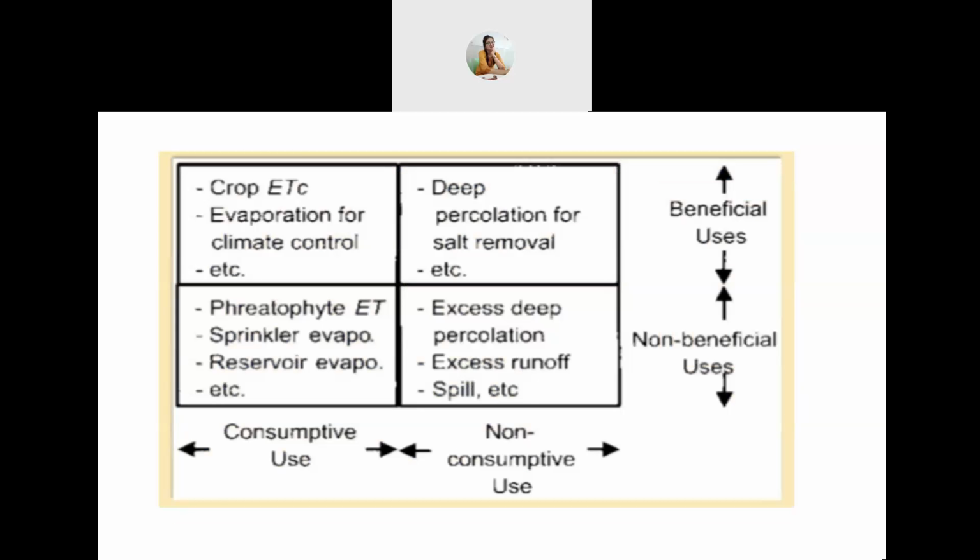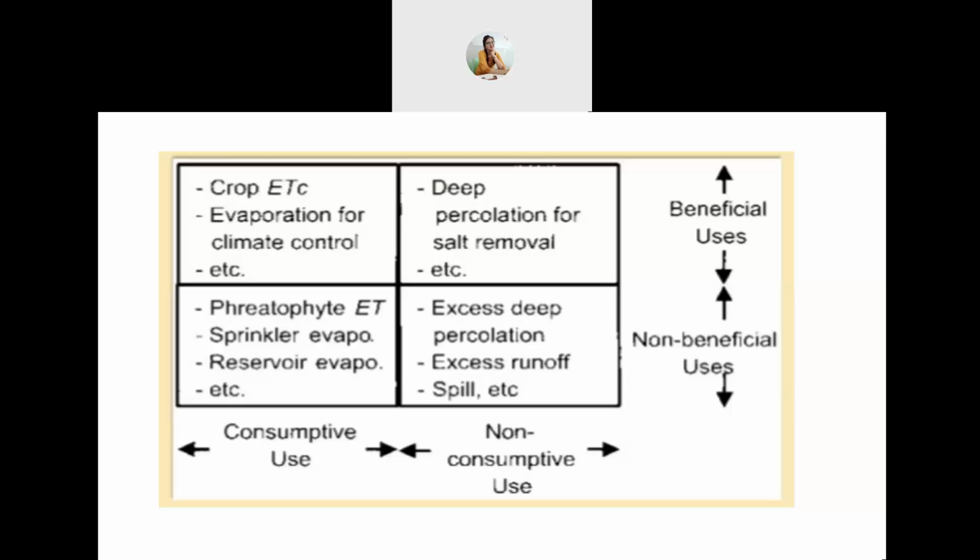So here is the diagram I have shown. For the first column, first block, you can see crop evapotranspiration, evaporation for climate control, etc. Then in the second box, vertically you can see phreatophyte evapotranspiration, sprinkler evapotranspiration, reservoir evapotranspiration, etc. These terms or sectors come under consumptive use.